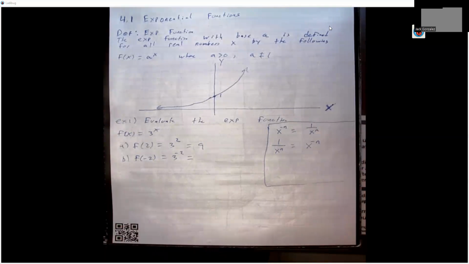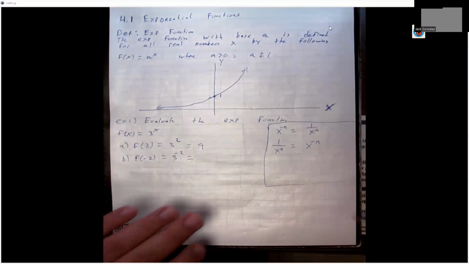If you have a negative exponent, you can bring it down and change the sign, right? If it's negative on the top, you make it go to the bottom and it becomes positive. Basically, if you cross the line, change the sign of the exponent.